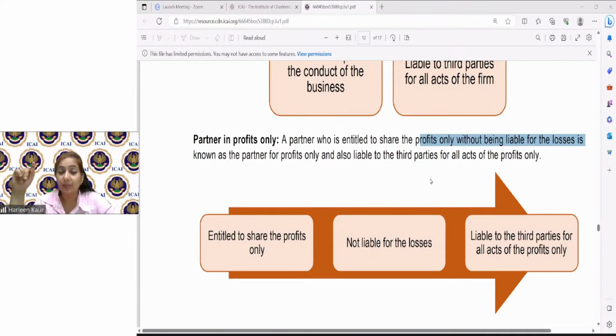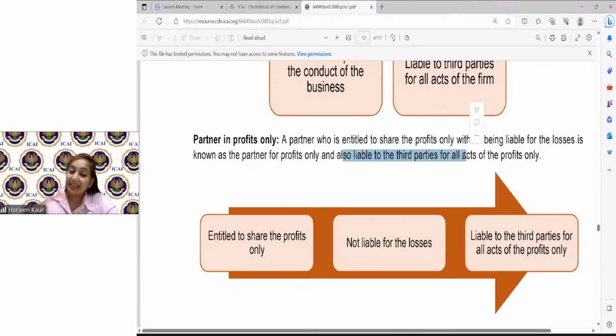Someone had asked in class that day whether it is possible that a partner is not liable, so he will be a partner in profits only. Such a partner will only take the profits home and will not be liable to pay the losses. However, he is also liable to third parties, but again only for the acts related to profits. So if I am doing business and with client A I'm having huge profits, but with client B I'm suffering losses, this partner in profits will only be liable for the payments made to A, the customer with whom I'm earning profits.